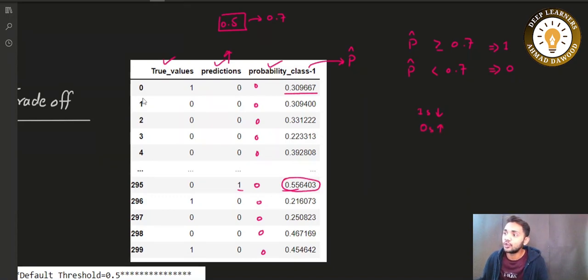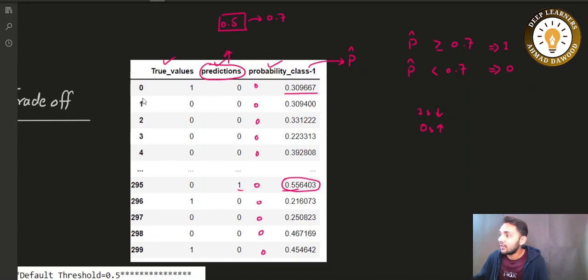The reason is that you classify a sample as one only when you are highly confident that it belongs to the one class. Let's say if you are 70% sure that this sample belongs to class one, then you classify it as a one, otherwise you classify it as a zero.